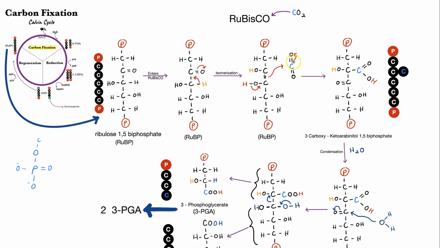Of course, it will push out a bond because carbon needs to have a stable 4 bonds. So this will be negative. And in the process, when CO2 bonds, we'll have this carboxylic or COOH group here at the end.